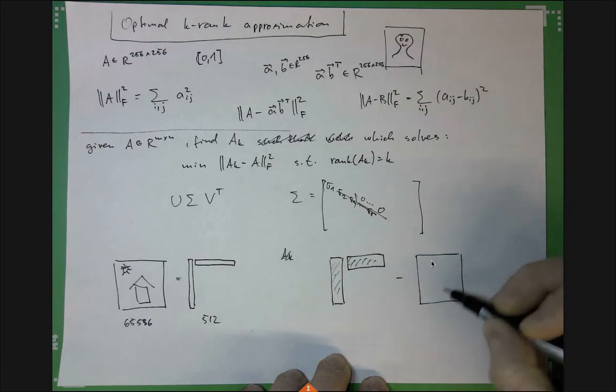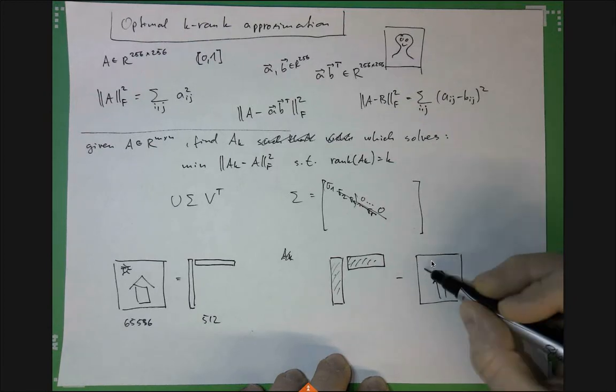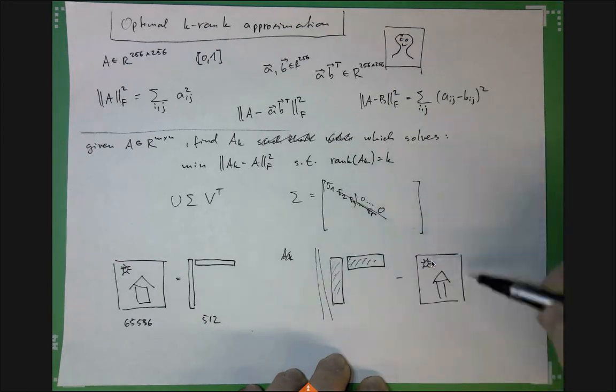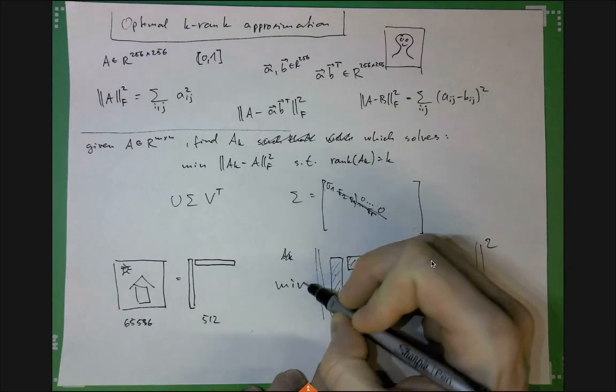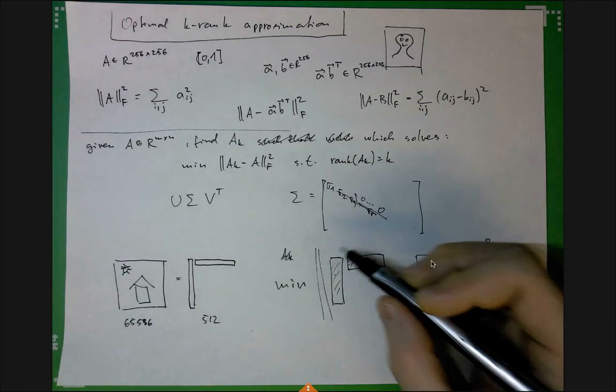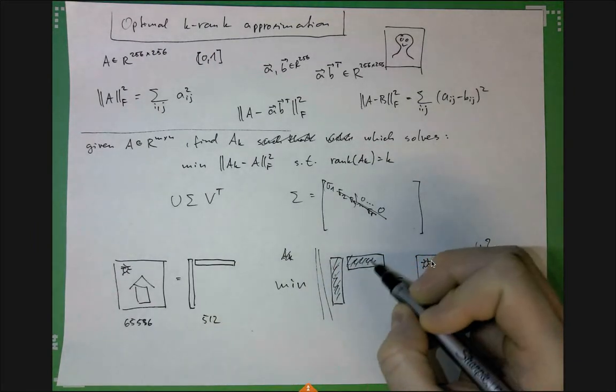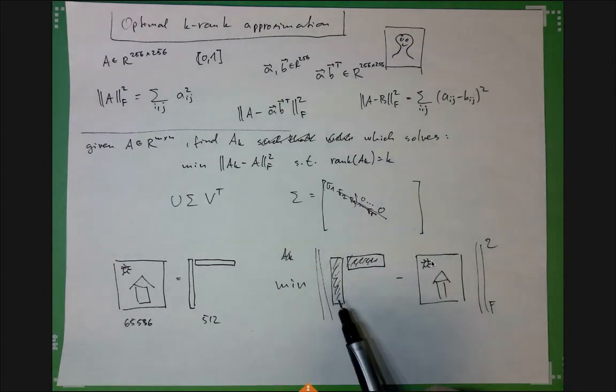This minimizes the Frobenius norm squared, and this is what I'm minimizing over. So essentially, this extracts some sort of features from the image.